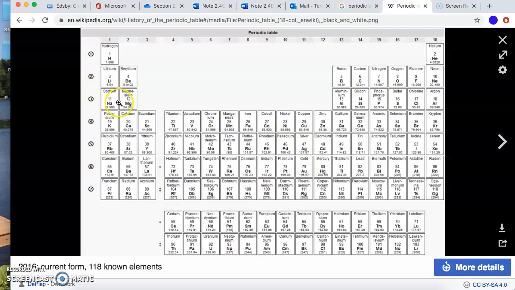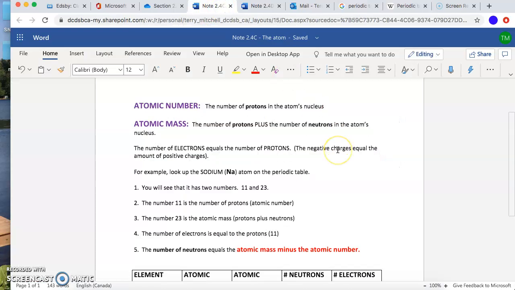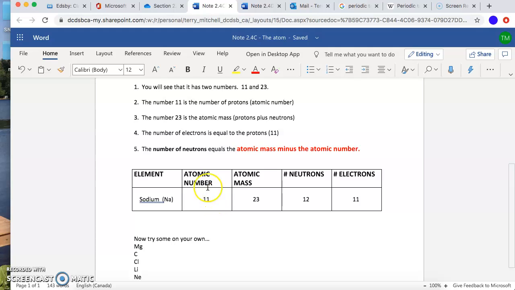So 11 protons plus 12 neutrons gives us a weight or mass of 23. And so you can see here the atomic number was 11. The mass was 23. So it would have 11 protons, 11 electrons, so it's neutral, and 12 neutrons to get up to the weight.